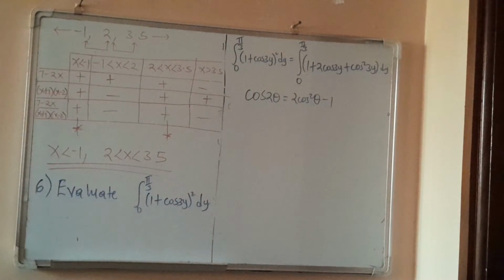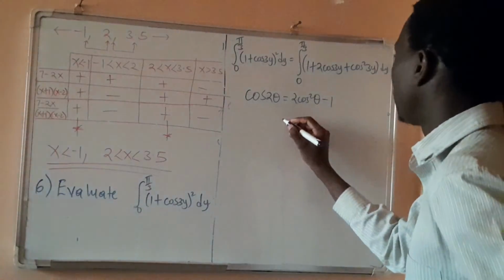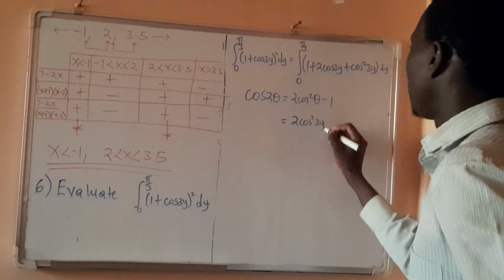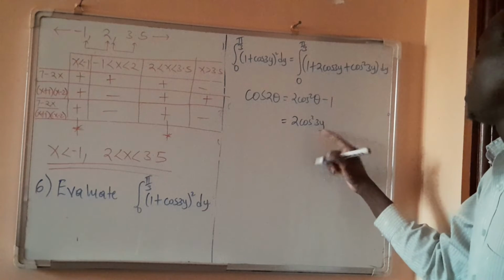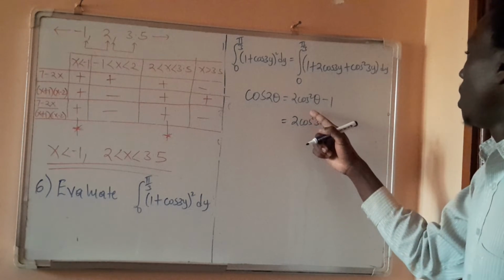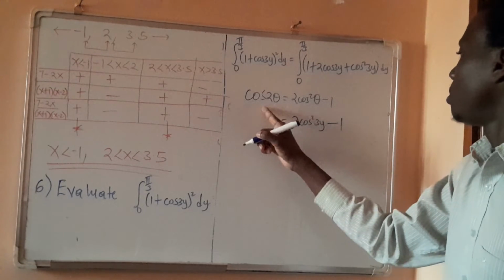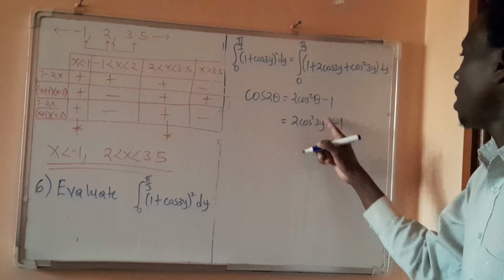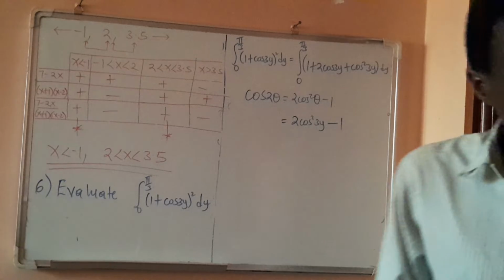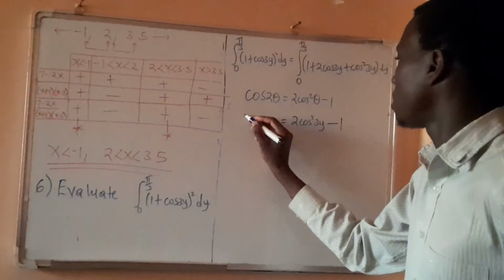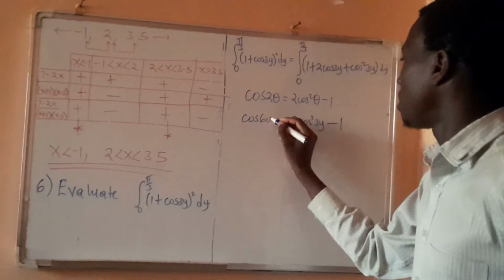So now what if I'm having 2 cos squared 3y? You just compare. So I have minus 1. Then to move to this side, just double the angle. The formula is called double angle. So this is cos 6y.